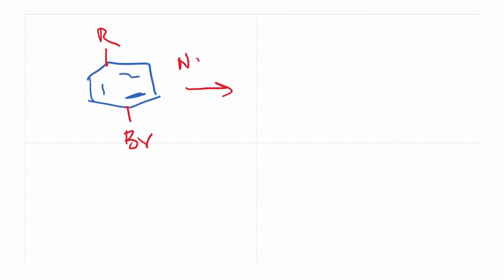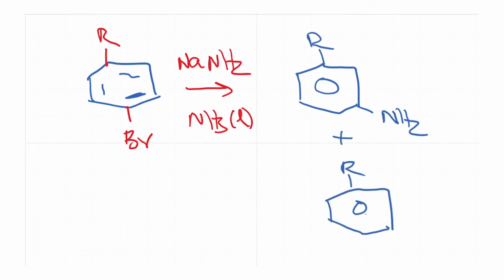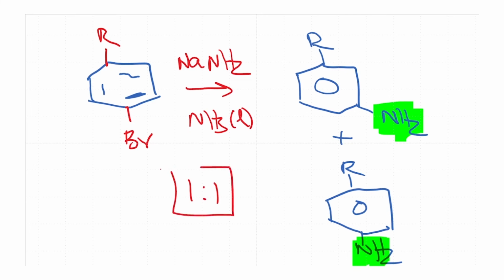Now when you react it with NaNH2 in ammonia, the product that you get is actually a 1:1 mixture of these two compounds. So that is the 3 position as well as the 4 position are going to give you approximately 50% yield. 1:1 is the product ratio.